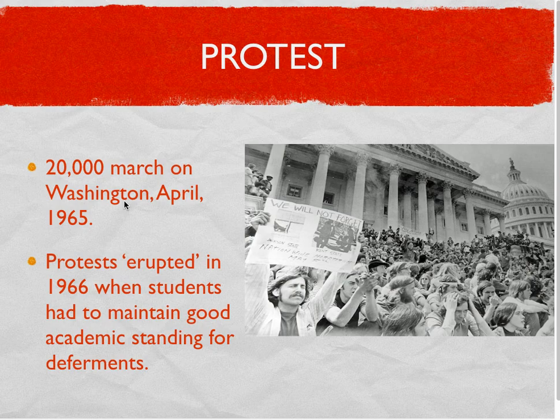Now remember, the March on Washington for civil rights and economic equality that occurred in 1963, in which Martin Luther King gave his I Have a Dream speech, there were 250,000 people who participated in that march. So a much greater number than what we see here in 65, but still 20,000. That's a very large number of people to march on Washington.